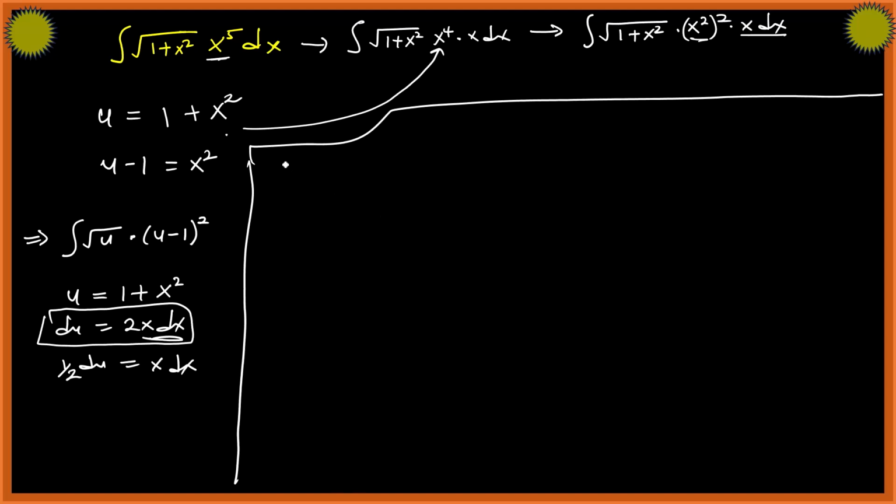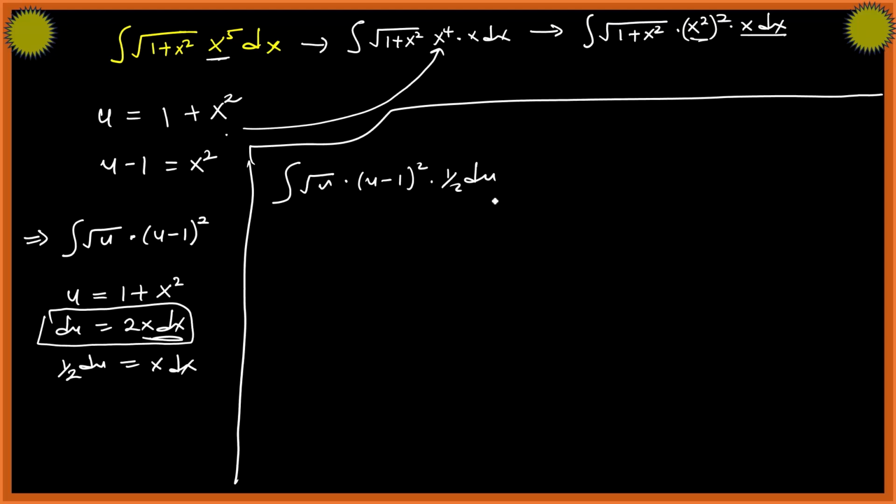Okay, so let's go again. We have this times u minus 1 squared times half, so the x dx is the same as half du. Good.